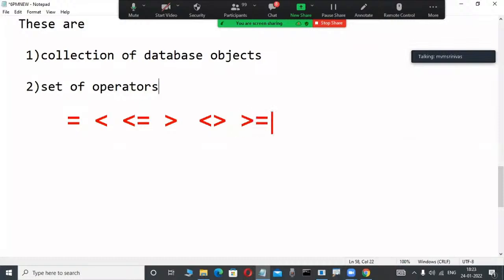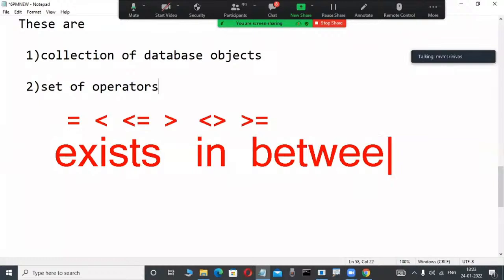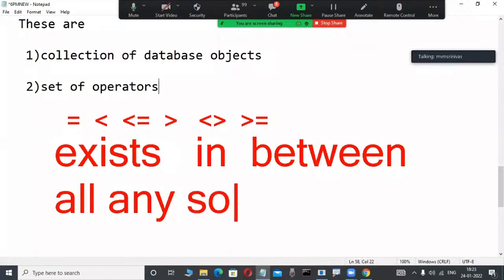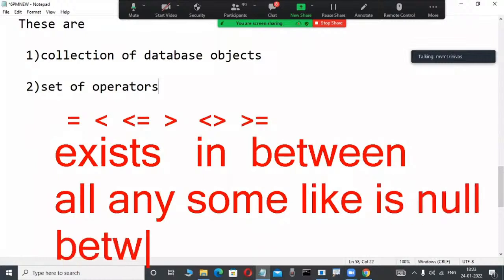But we are thinking not only of these operators; in every relational data model there are different, special operators. Suppose EXISTS is an operator, IN is an operator, BETWEEN is an operator. ALL is an operator, ANY is an operator, SUM is an operator. LIKE is an operator, IS NULL is an operator. So many special operators are there.